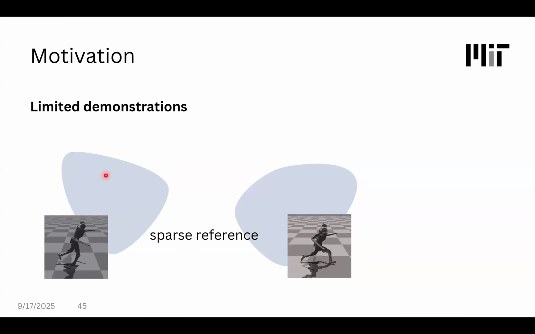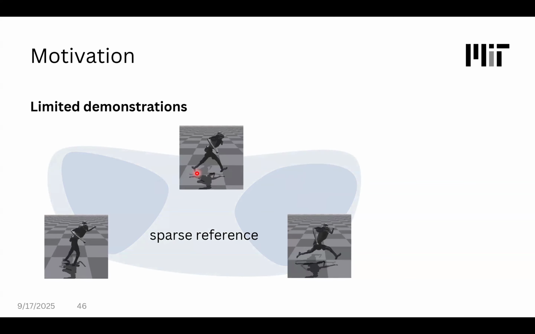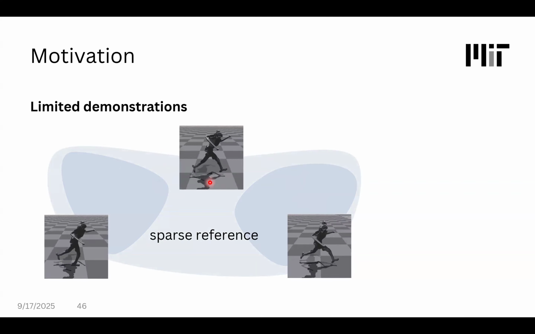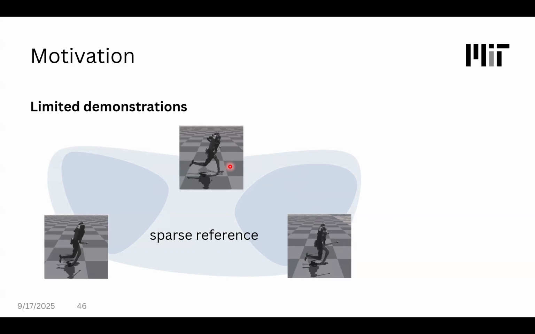Imagine I have these two motions already here, but I don't want to learn only these two motions. I want to learn all the motions in between, but I don't have them recorded. How can I build a space such that I can do meaningful interpolation, that I can recover something in between? This is like running motion.